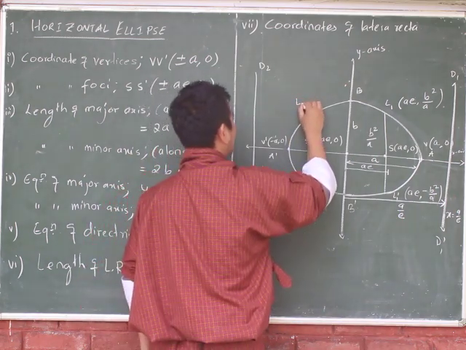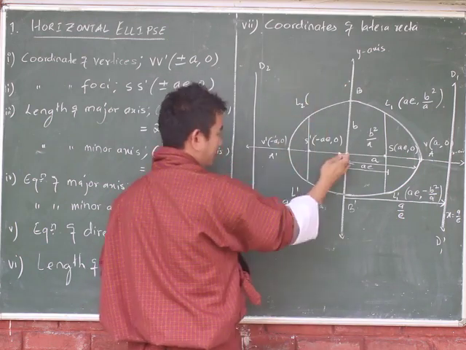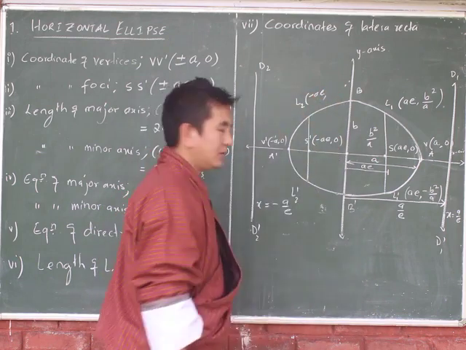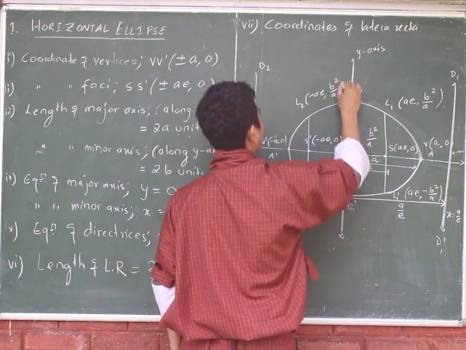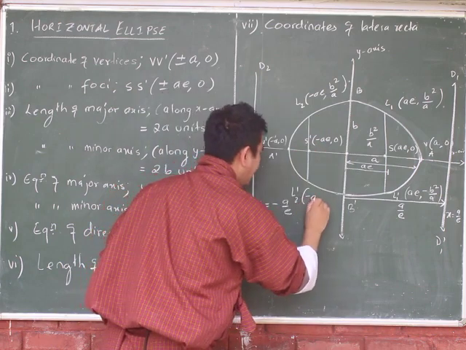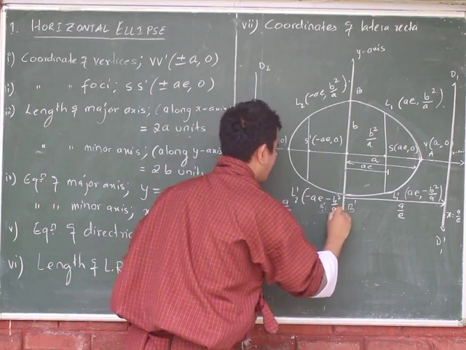Say this is L2, this one is L2 dash. From here to here, what's the distance? The coordinate point is negative ae, and this becomes b square by a. What about this point now? Coordinate point is negative ae, and this point is negative b square by a.